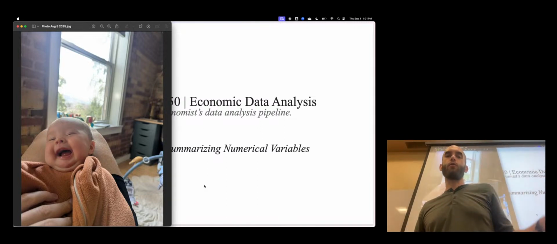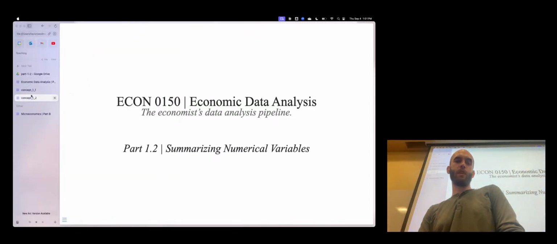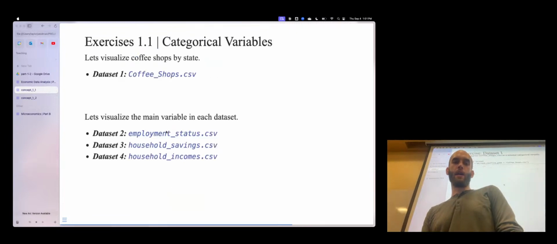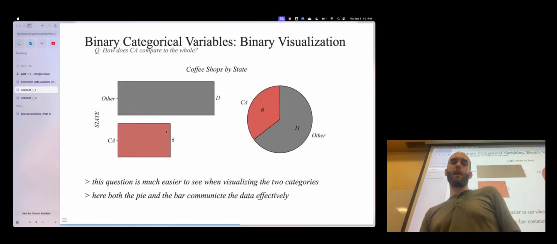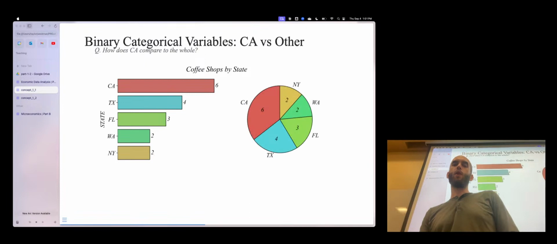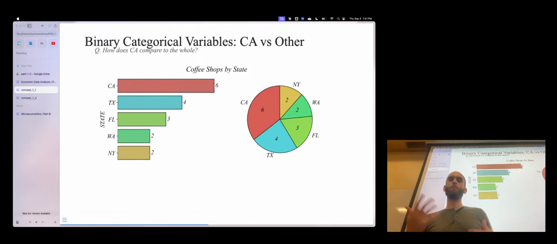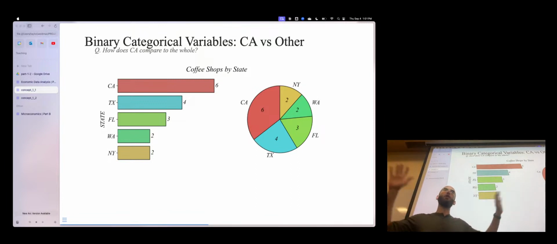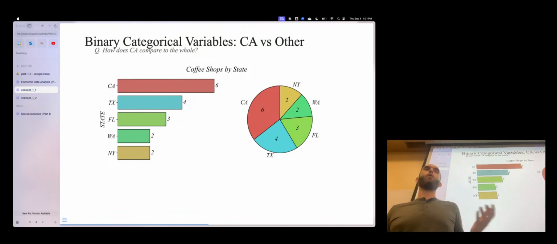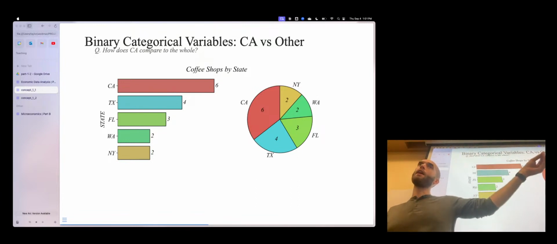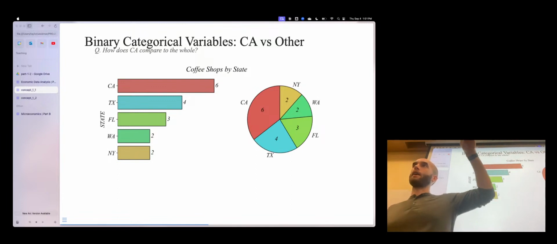And so we walked through a bit of an example last time. You remember we talked about these different coffee shops. We thought about different choices for summarizing categorical variables. And it turned out your preferences about which visualization was simplest to read depended a bit on the question and the data type.